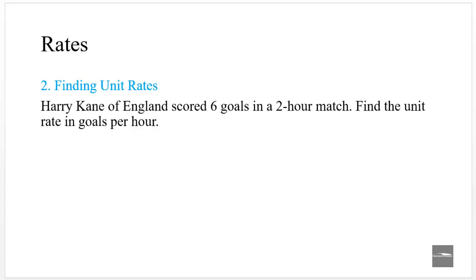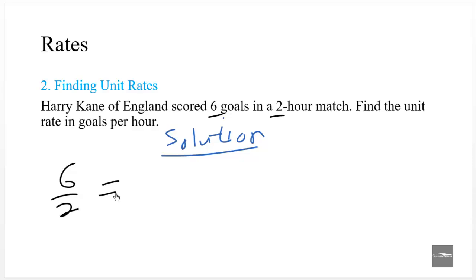So to find the unit rate, we must first of all write a proportion to find an equivalent ratio with a second quantity of 1. So that proportion is 6 over 2 is equal to x over 1.